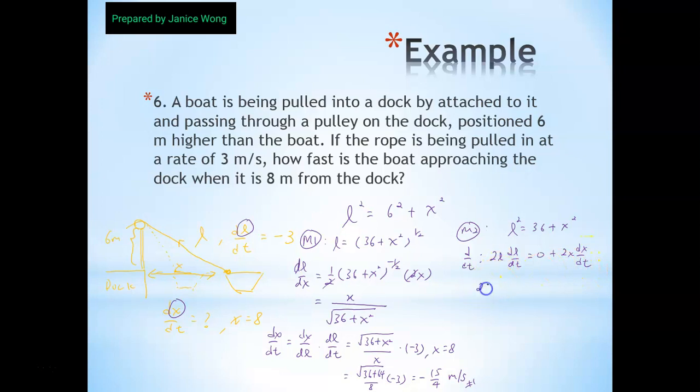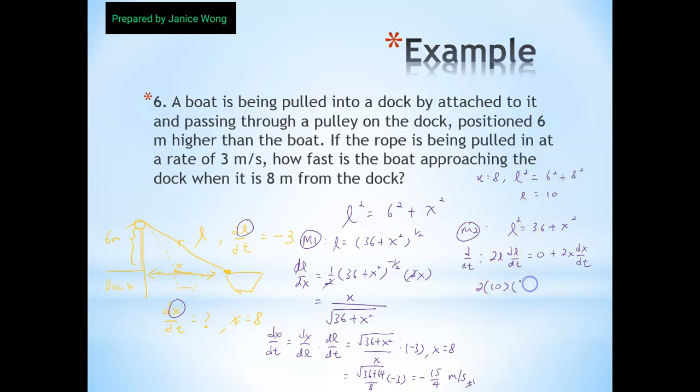Plug in the information. 2L, we don't have L, we need to find L. With x equals to 8, L squared equals to 6 squared plus 8 squared. L equals to 10.